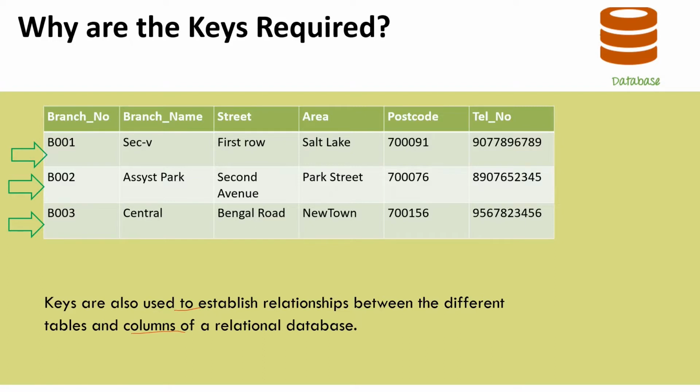I will explain this point in a much more elaborate way whenever we discuss the relationship among different entities. There you will see keys are the only tool by which we can establish relationship between different tables, between different entities. So keys help us to establish relation. With this, you have got the basic idea about keys.